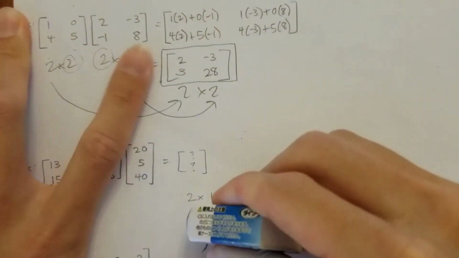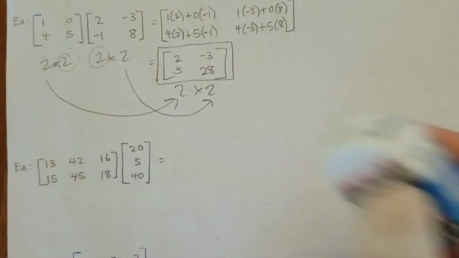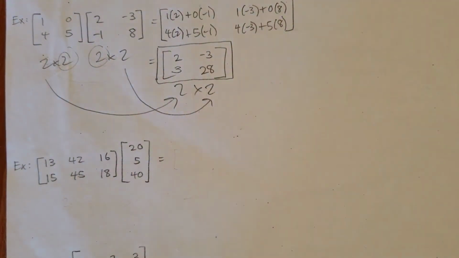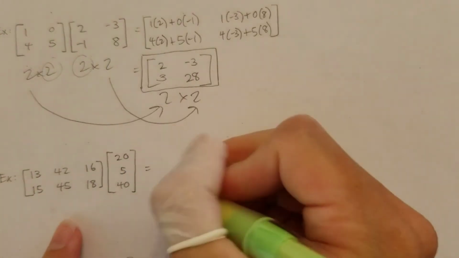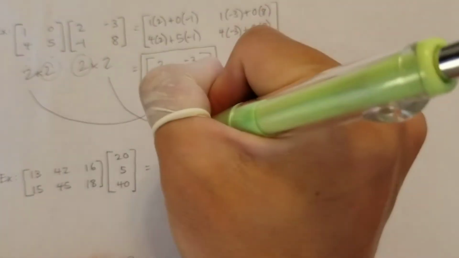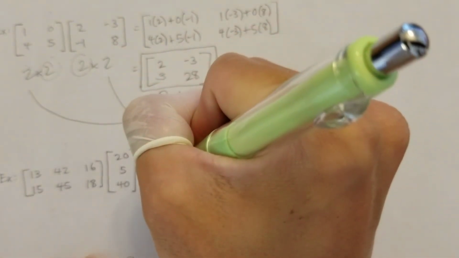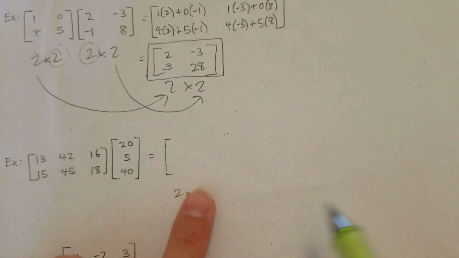Okay? So if you need to go back and watch that, you can go and watch it. But we're going to just plow through this. So we know, as we said earlier, this is going to be a 2 by 1 matrix. So it's going to look something like this. And I'm just going to leave some space here so I have enough room.